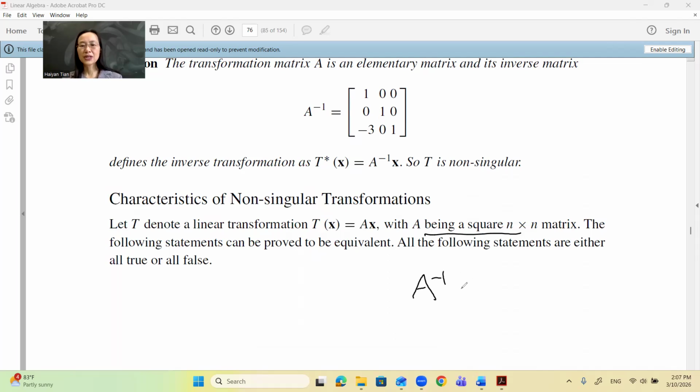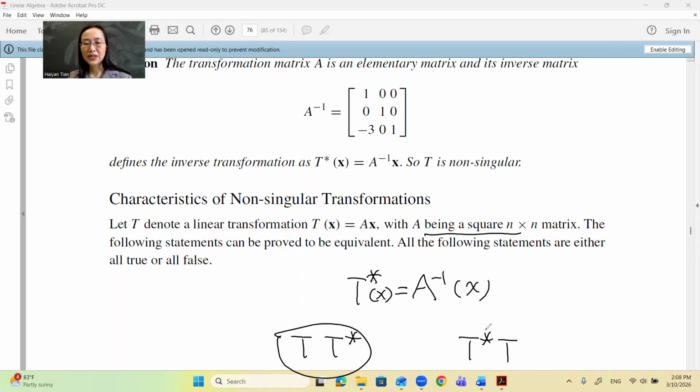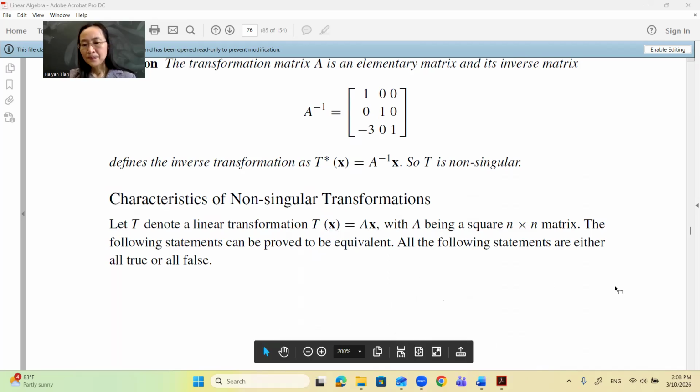Suppose A is a square matrix, then we can easily say A inverse is also from Rn to Rn. So in that case, the T star is simply defined by this A inverse, then you can verify T times T star is identity. T star times T is also an identity mapping. In that case, we can always find T star such that these two are both identity mappings and T is non-singular. So that's one characteristic.